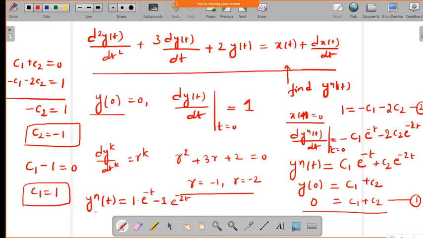So the solution is e power minus t minus e power minus 2t when t is greater than or equal to 0. This is the solution for this differential equation.